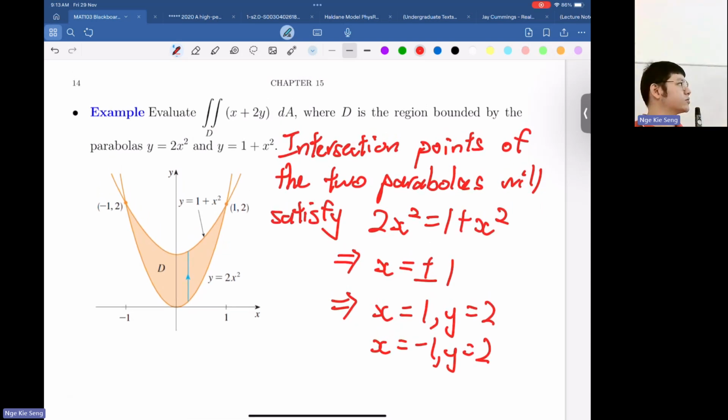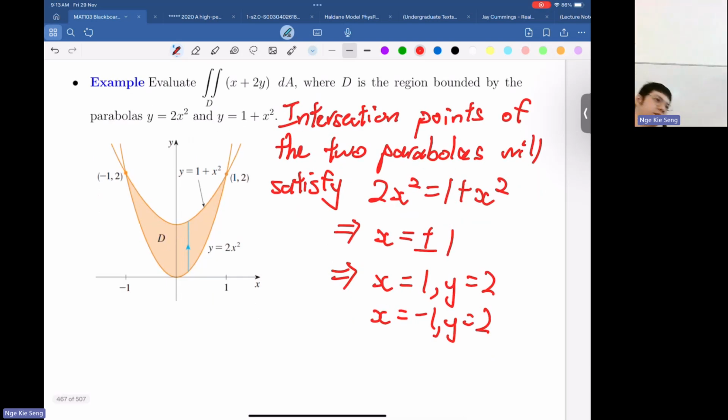Do you want to choose dx over dy or dy over dx? We should do both, to let you see which one is easier. So what's your choice? Do you want to pick dy dx or dx dy? dy dx. Okay, so let's try dy dx first.